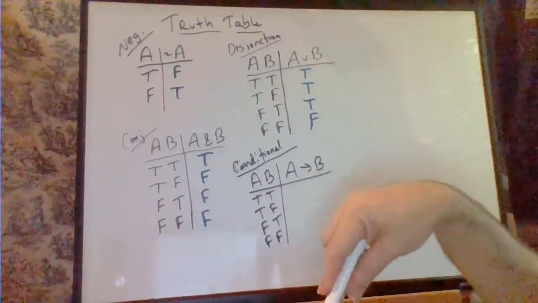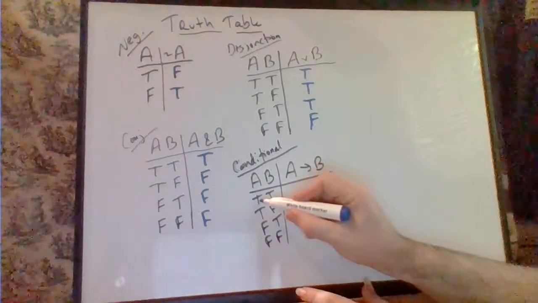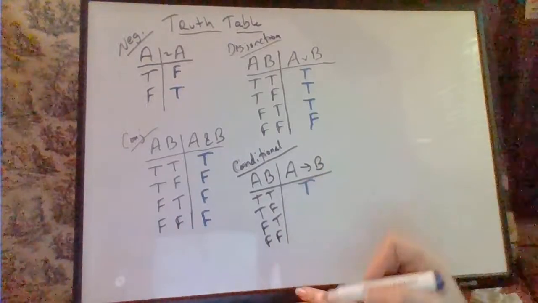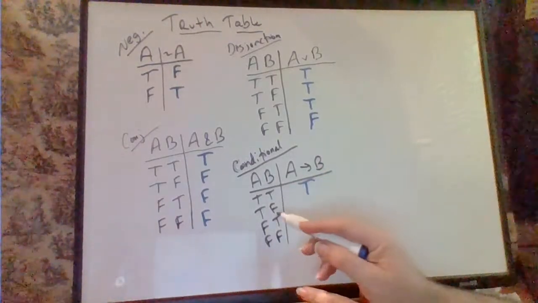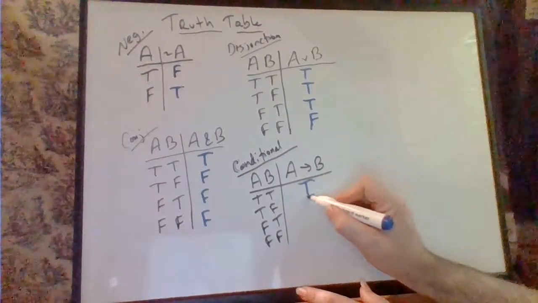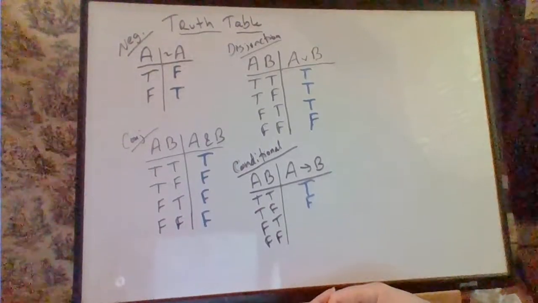So, in that first situation, clearly the antecedent is true, the consequent is true, so the conditional is true. In the second situation, the antecedent is true, but the consequent is false, and that makes it false. That's easy enough to see.